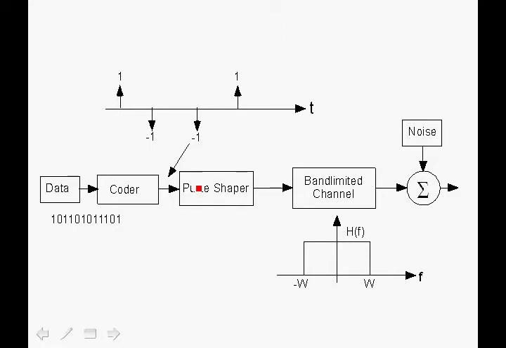One is we have a pulse shaper that generates impulse responses for each input symbol that are band limited and meet the requirements of the band limited channel. And we get a bonus in the sense that the resultant signal from pulse shaping using the sinc function has 0 intersymbol interference at the peak.